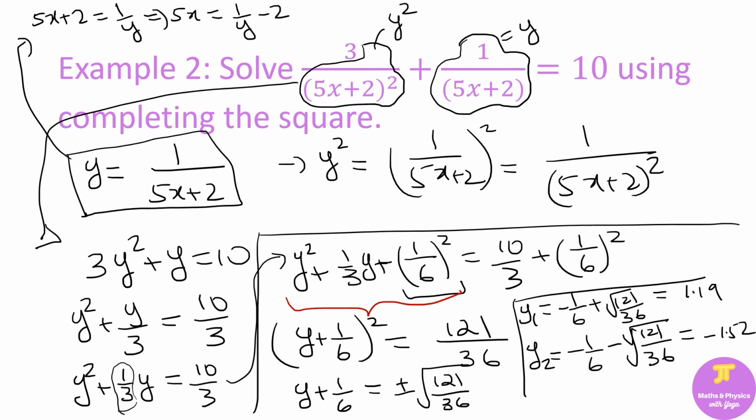So x equals, we need to divide everything by 5. So we need to substitute these values into this equation to find the values for x. I hope you can find the final answer from continuing from this one.